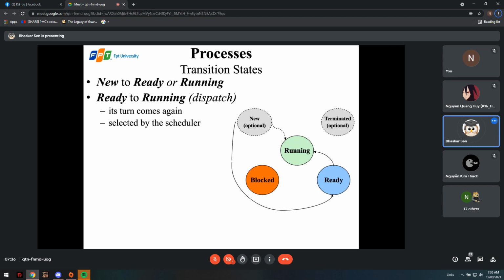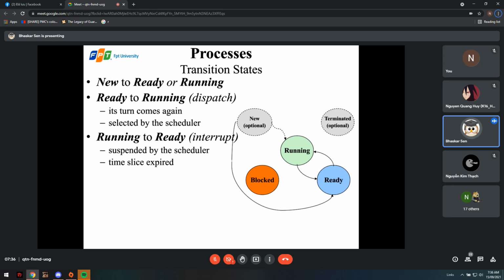And then the next one that we have is running to ready. If a process is currently running, it can be put back to the ready state. Then running to blocked: if a program is currently running, it can be directly blocked as well.